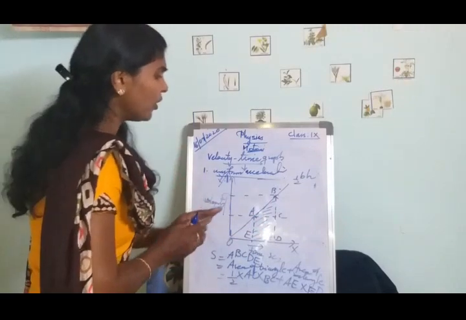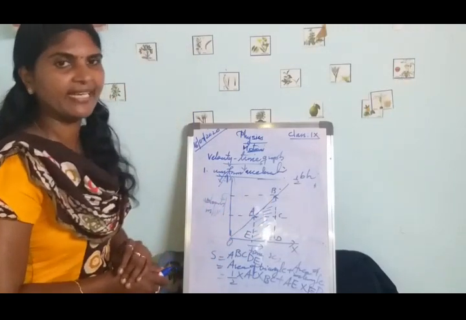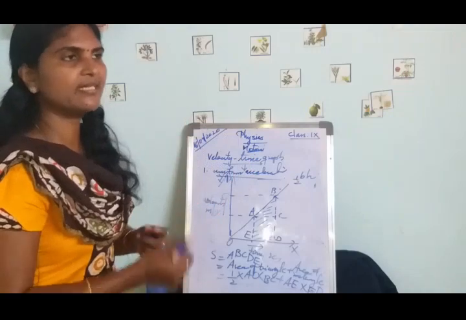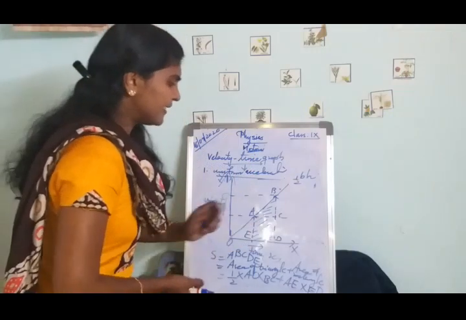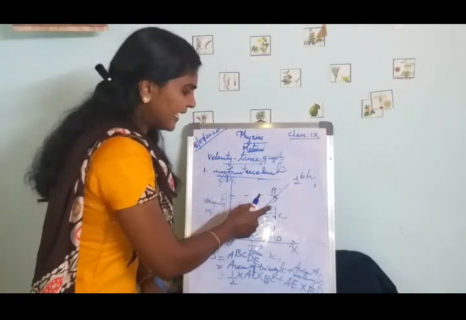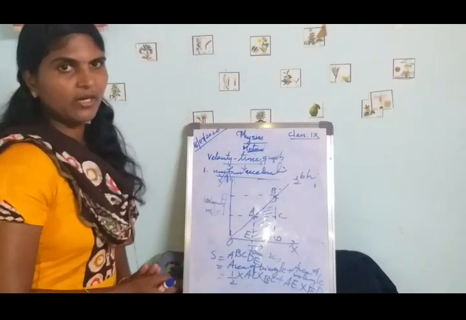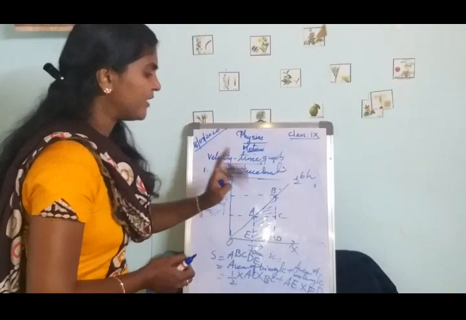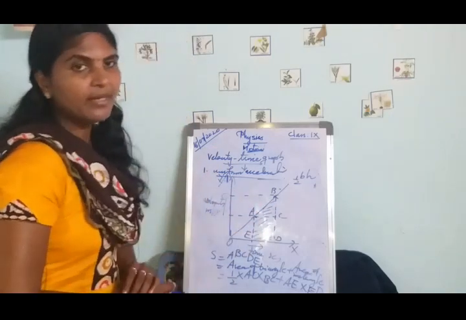All of us know the area under the velocity time graph is equal to the distance travelled or the magnitude of displacement. And here the area includes a triangle and a rectangle. So the total area is the area of the triangle plus the area of the rectangle.